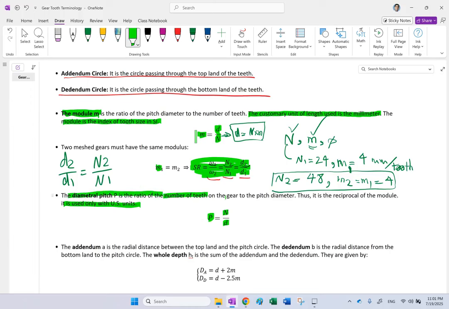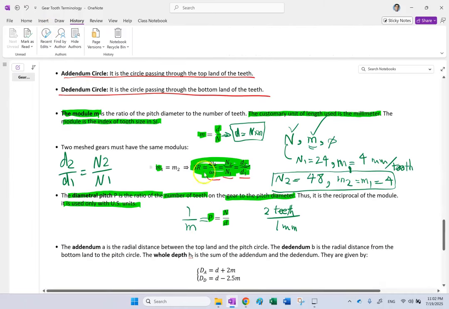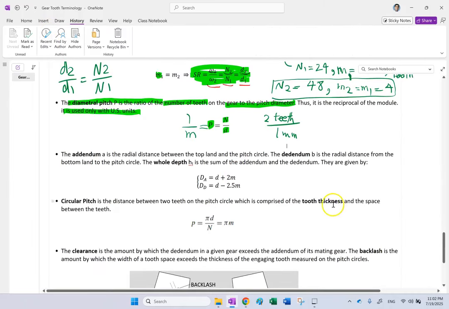It's the number of teeth per pitch circle diameter, so you can say this is the same as 1 over M. Okay, so in US system, we give a diametral pitch. For instance, we say 2 teeth per 1 mil instead of 4 mil per 1 tooth. Okay, so these are reciprocal of each other. So if you hear one or the other one, they are basically the same thing.